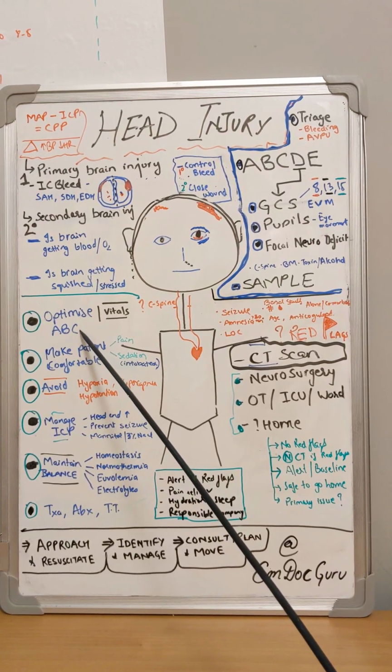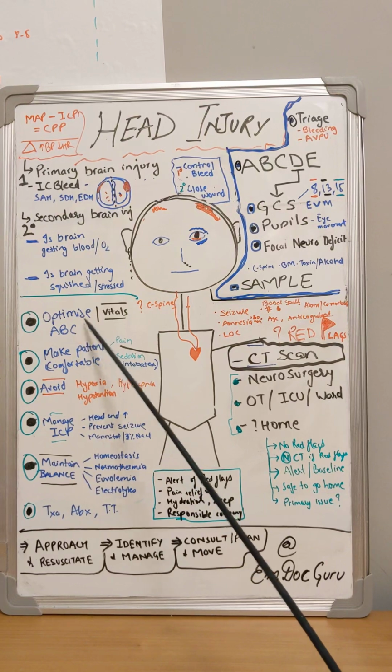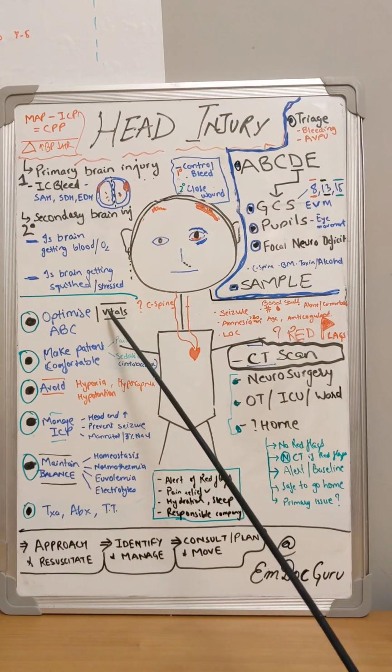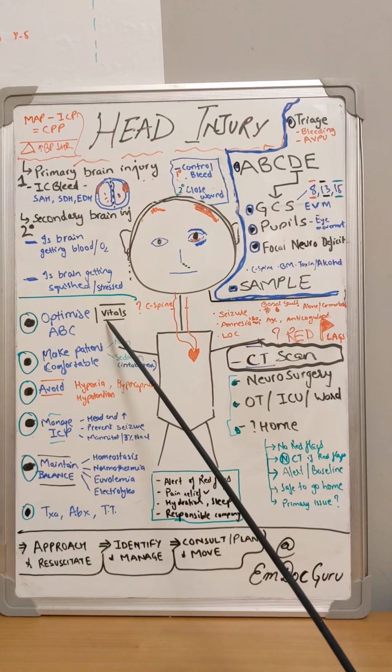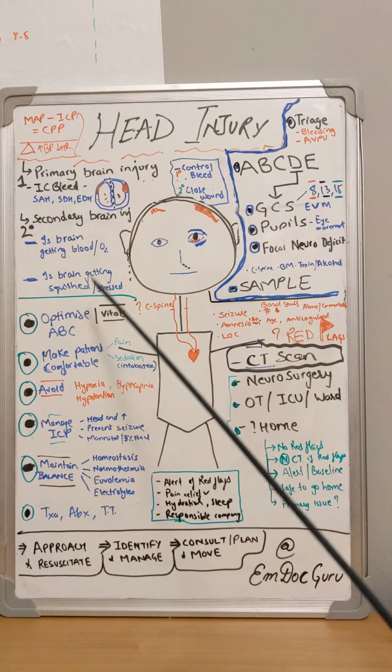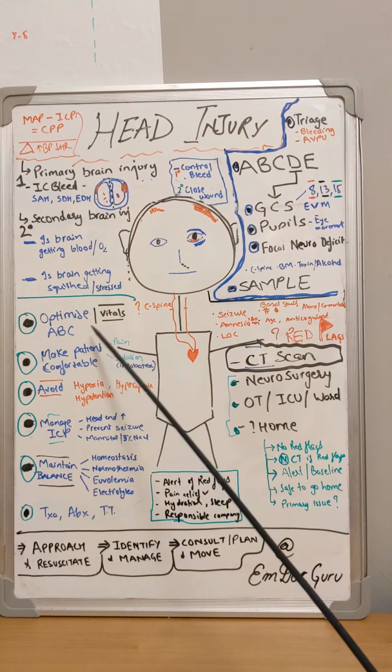And then C, circulation. You need to ensure that they are not becoming hypovolemic and their bleeding is controlled. So optimize their vitals. You don't need to reduce the blood pressure, as sometimes people think that if the blood pressure is too high, it may be a problem. In the initial resuscitation, you don't need to do that.